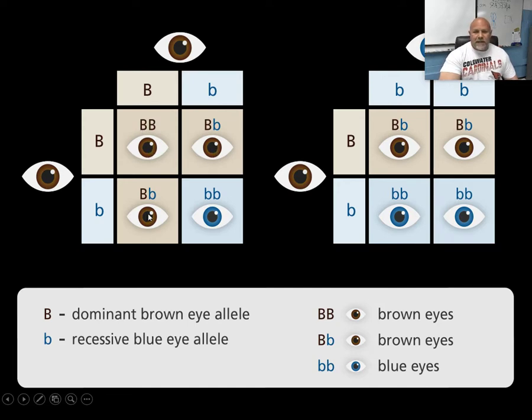In order to get a recessive trait to be expressed or show up, you have to have two copies of that gene. So in this particular case, in the blue eyes, you have to be little b to have blue eyes. Now, eye color is more complicated than this. There are several genes involved in eye color, but this is just a good picture to use as an example.